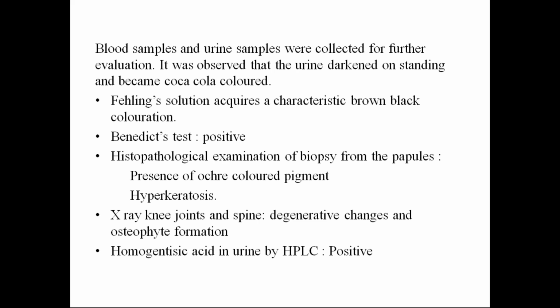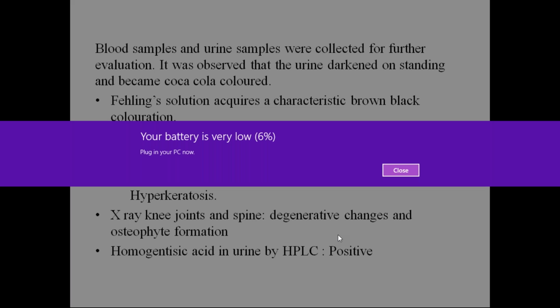Genetic test is positive in this case, and when we do the histopathological examination, hyperkeratosis, this is the increase in the thickness of the outer layer of the skin. You will see increase in the thickness of the skin. And later you can do HPLC to see the homogentisic acid.